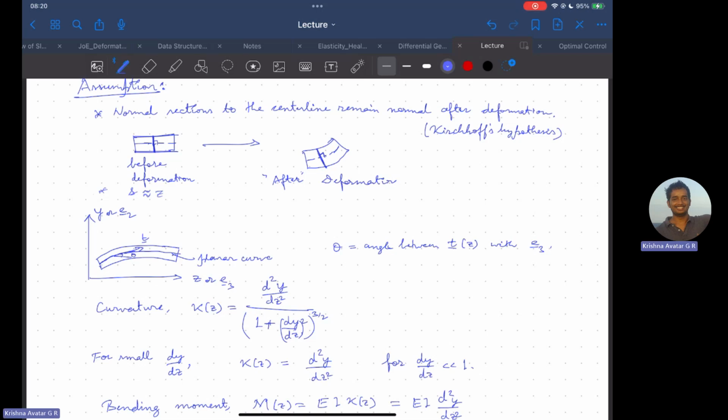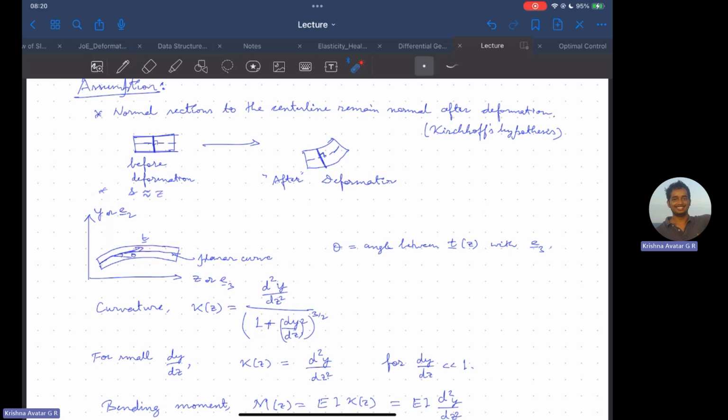Okay, so now we have this y-axis, z-axis. We have a segment of, in fact, the Euler-Bernoulli beam. We have this tangent vector t, which is at an angle theta with respect to the E3 axis.